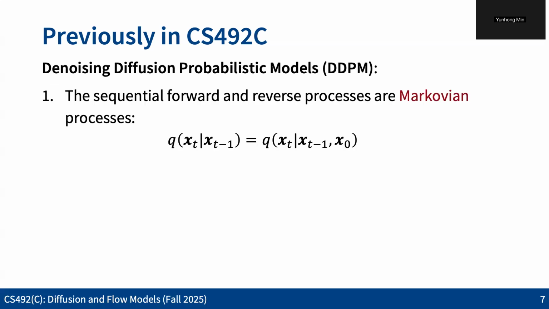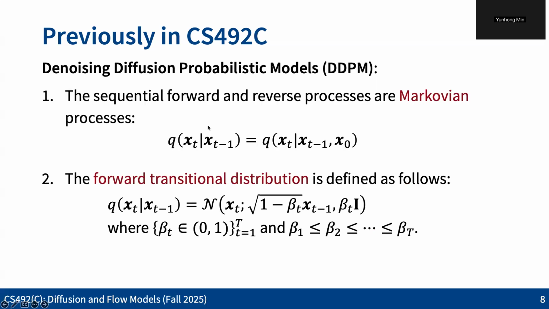So when you see a conditional distribution, sampling xt conditioned on xt minus 1 and x0, we can easily drop the x0, because by definition xt is not dependent on x0. That makes it easy to define all the other things.